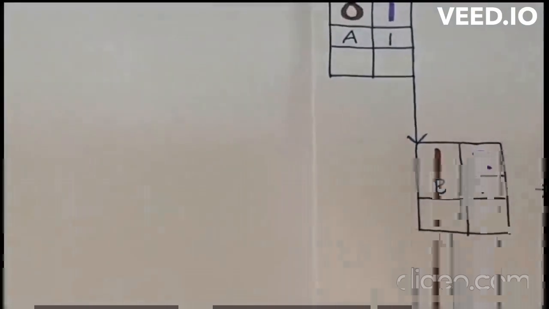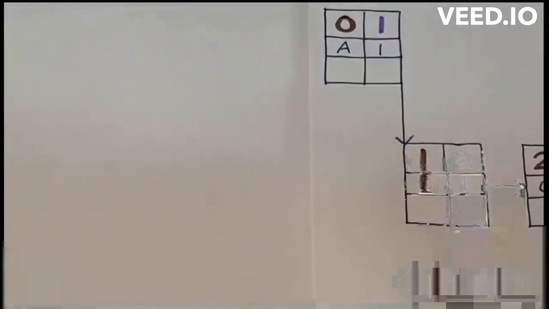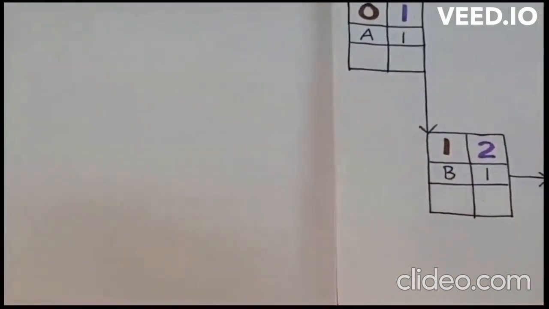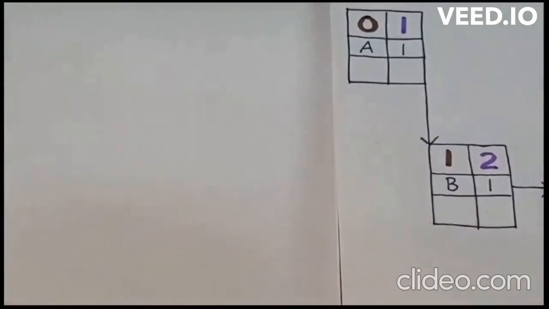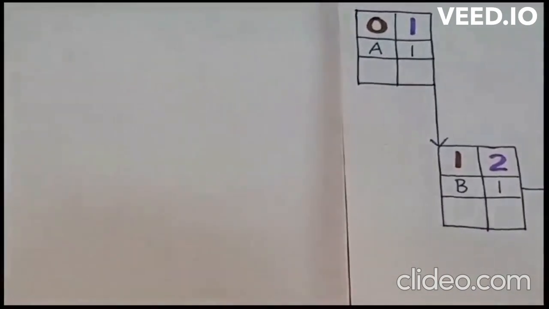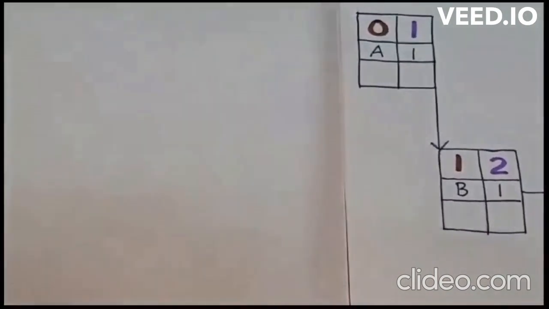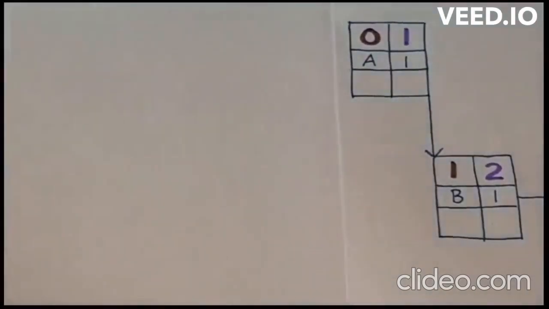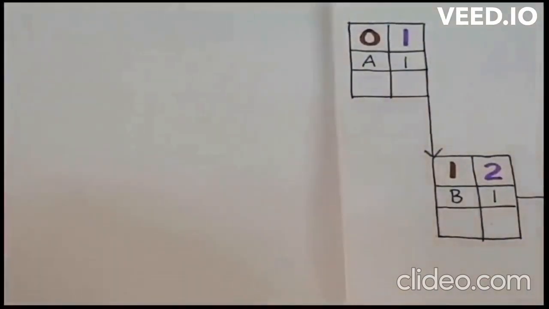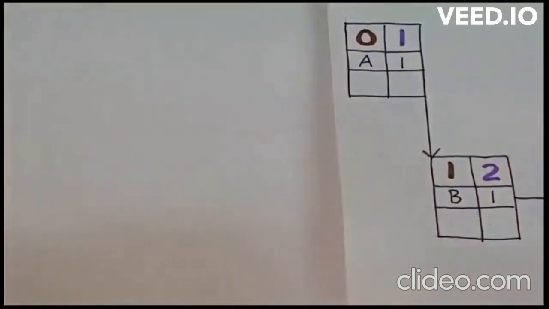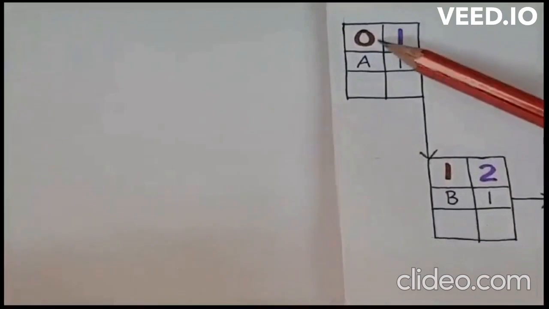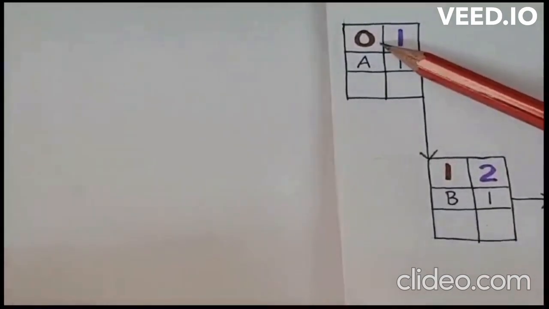Continuing with the previous session, I will show you how to calculate the earliest start and earliest finish time for activities A and B. For activity A, the first activity of any project, the earliest start time can be taken as 0.